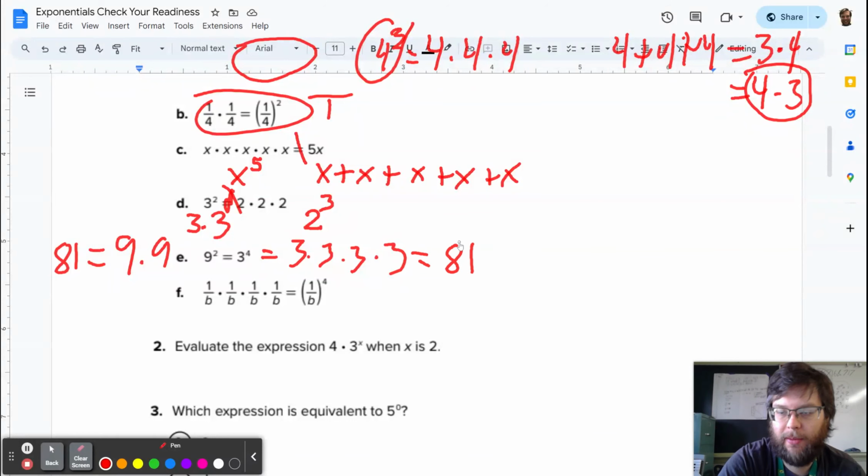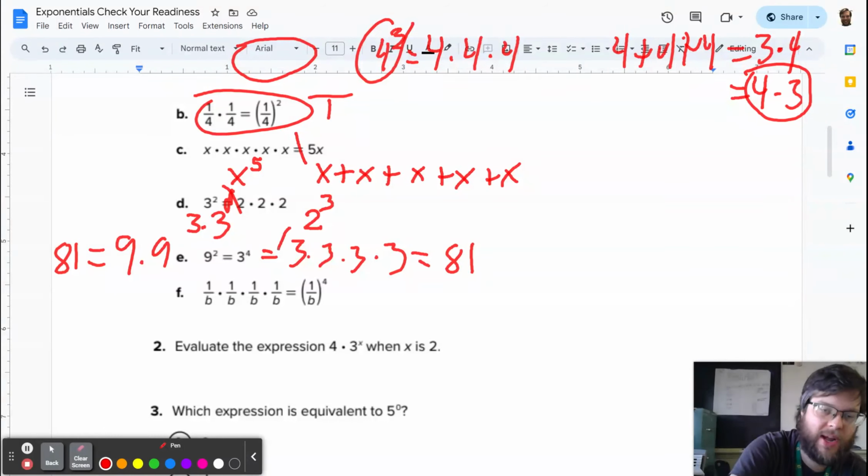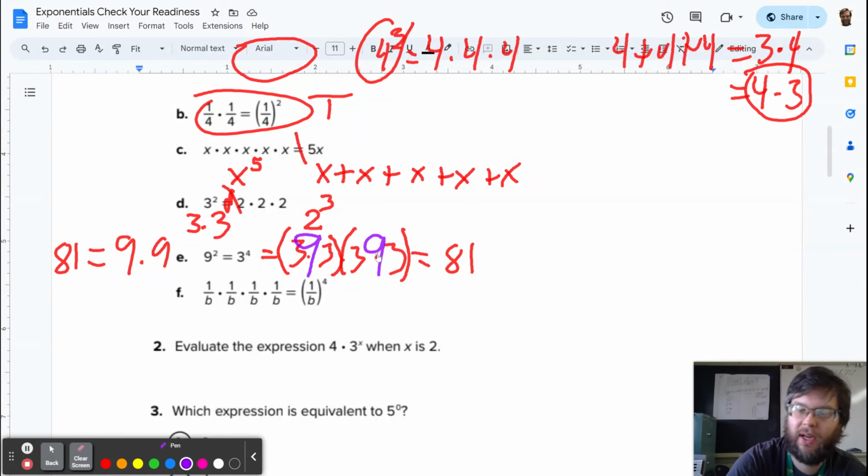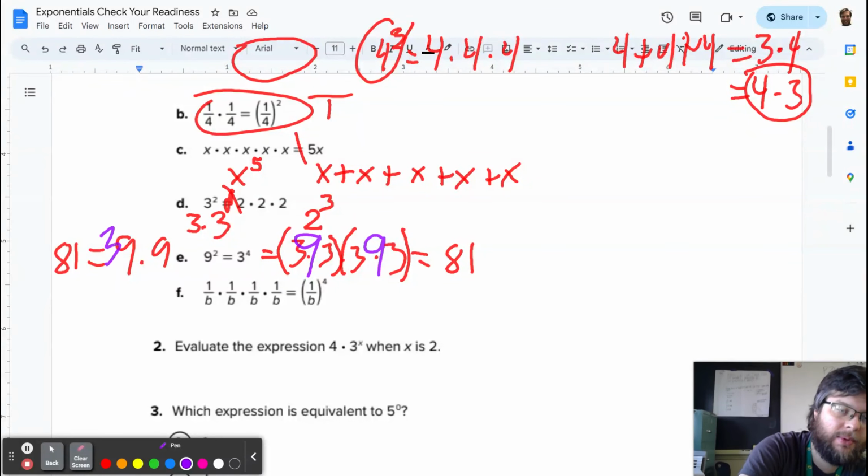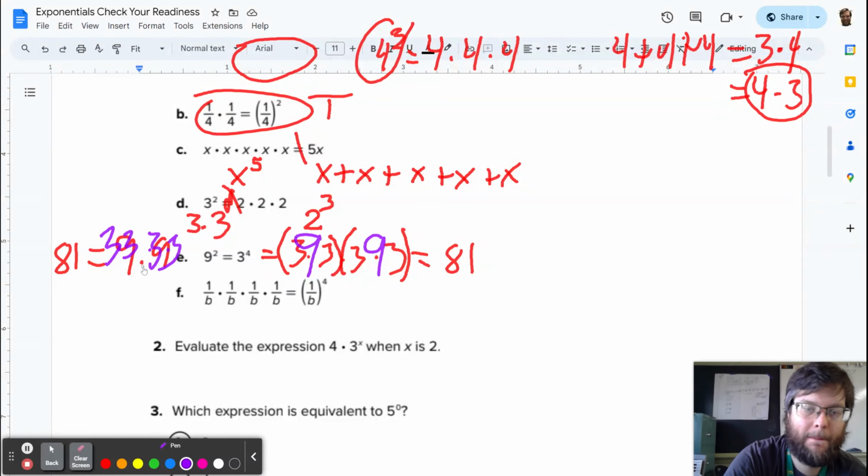So they happen to be the same thing. A way you could have seen that without calculating is if you grab 2 3s here and 2 more 3s here, you can see that this is really a 9 and this is another 9. So both of them have the same thing. Or equivalently, you could split this up into 3 times 3 and another 3 times 3.